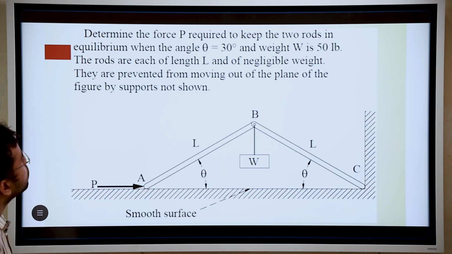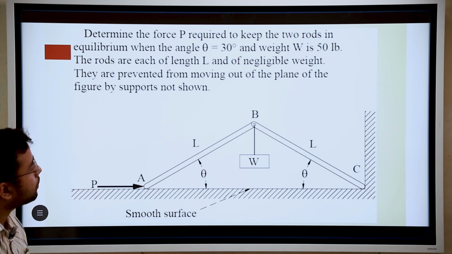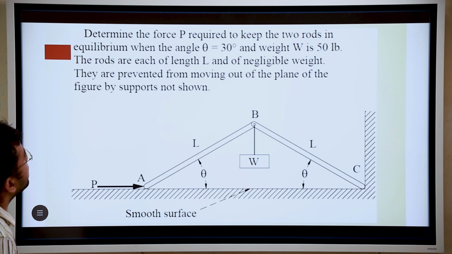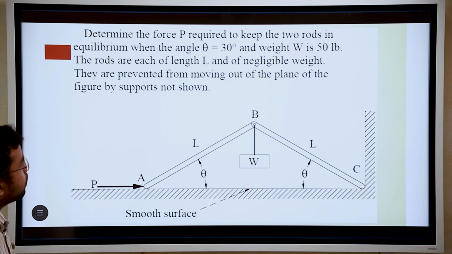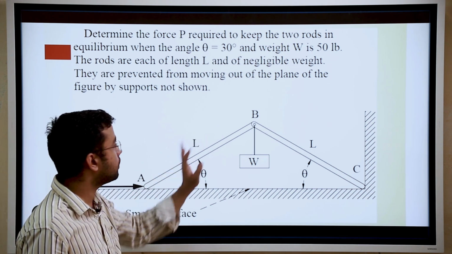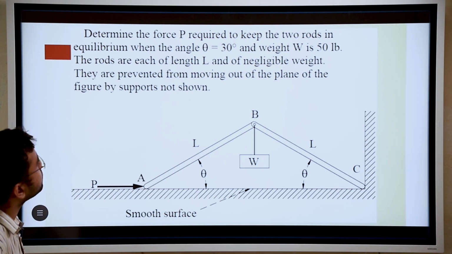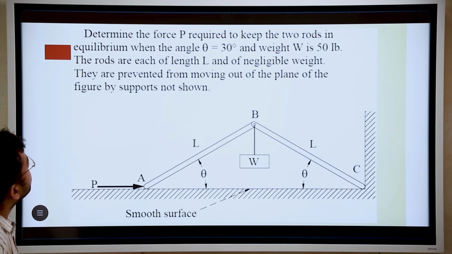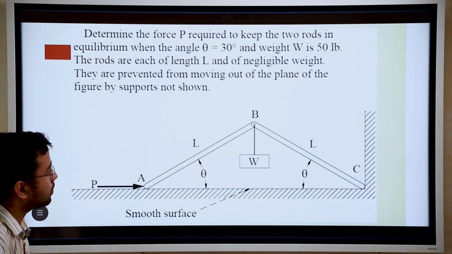The rods are each of length L. AB is of length L, BC is of length L, theta is 30. And the rods are weightless. Normally in a truss we don't consider the weights of members, we think that all the members are weightless. They are prevented from moving out of the plane of the figure by supports not shown.